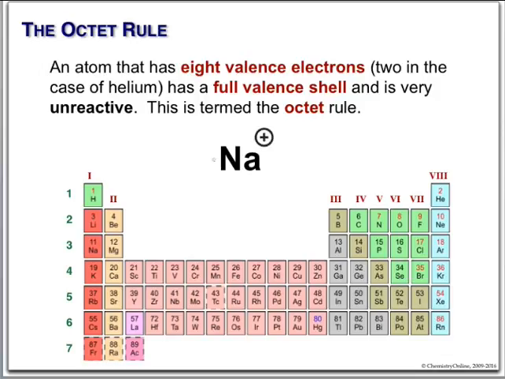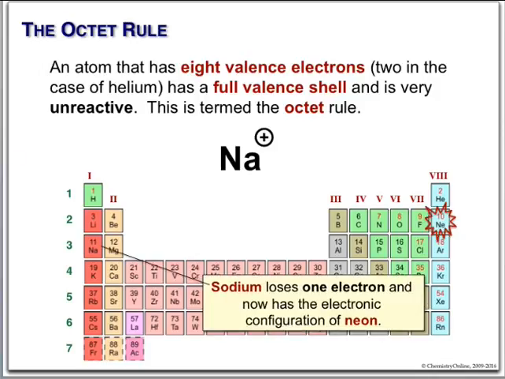When we did that, we moved from sodium up here backwards to neon. Once again, group 8. This is called the octet rule.